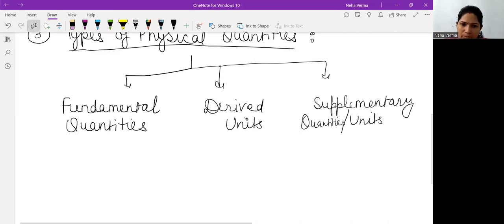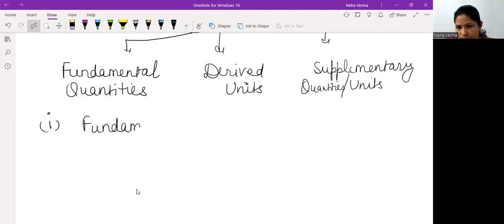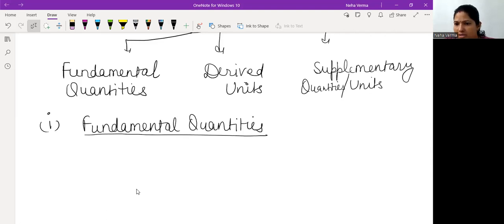So let's see one by one. First of all, fundamental quantities. So what are fundamental quantities? As its name suggests, fundamental, that is, these cannot be derived from any other quantities.